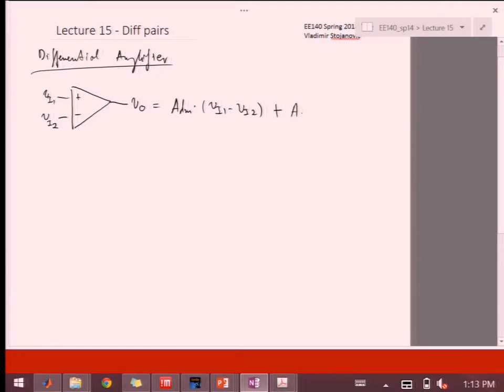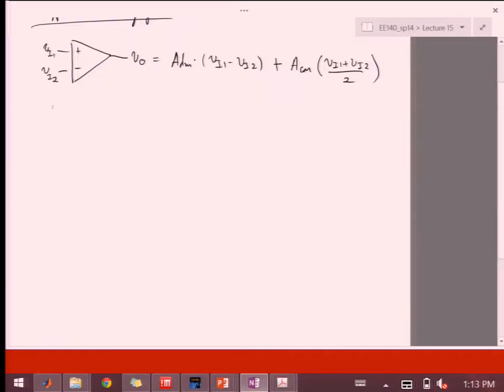And then we have the common mode gain, which is proportional to the common mode or the average value of the 2 input voltages. So the definitions that we'll use are that VID is VI1 minus VI2, and that VIC, which is the common mode input, is the average.